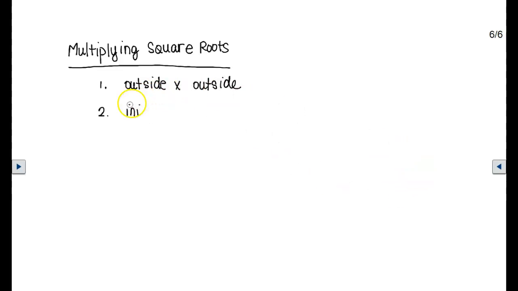Whoops. Let's try that again. The inside times the inside. And then step 3 is to simplify the answer.